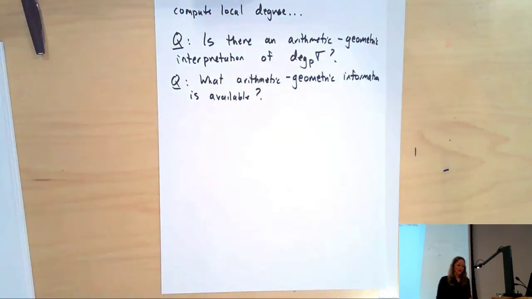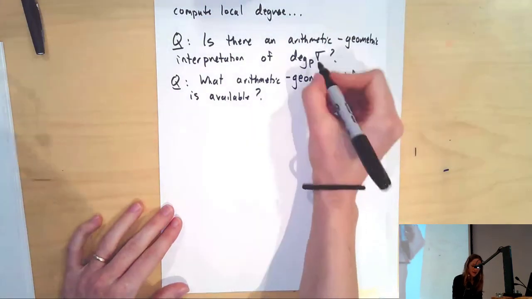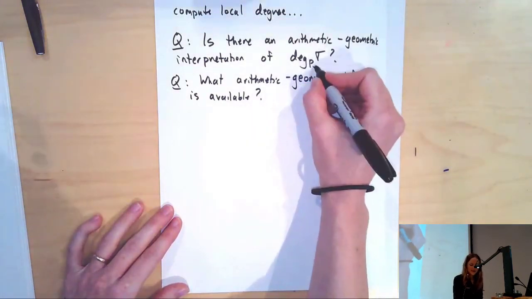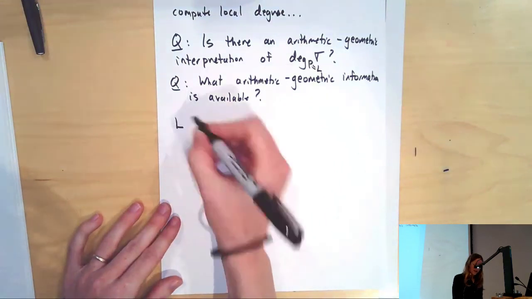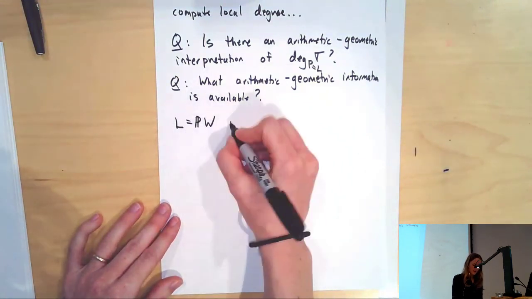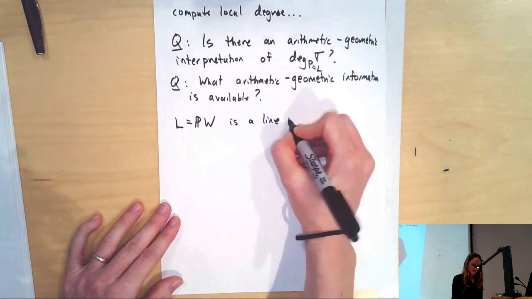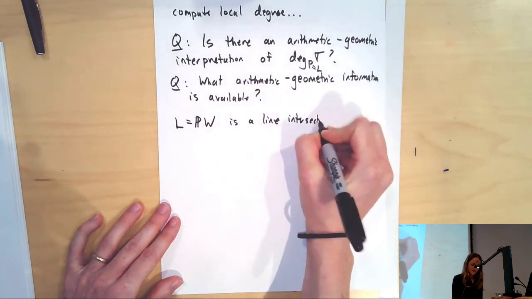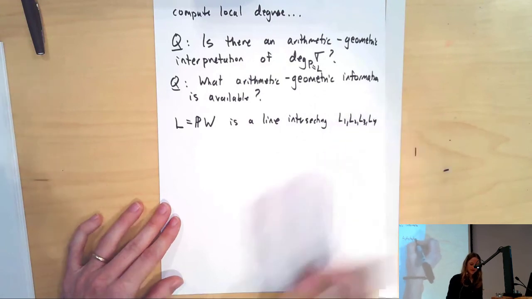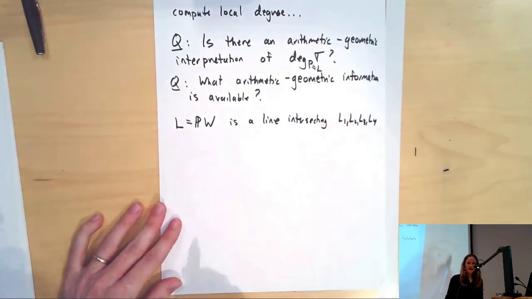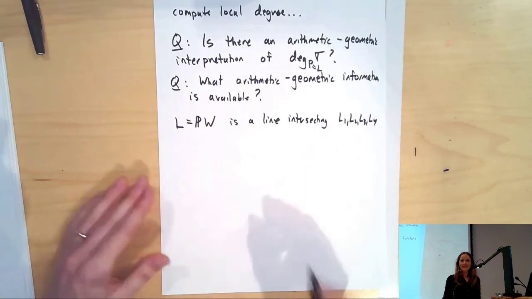Well, we have this line we're at, so P is a point on our Grassmannian, let's call it L, it's a line. And L, the projectivization of W, is a line intersecting L1, L2, L3, and L4. And in particular, we have 4 points on that line.